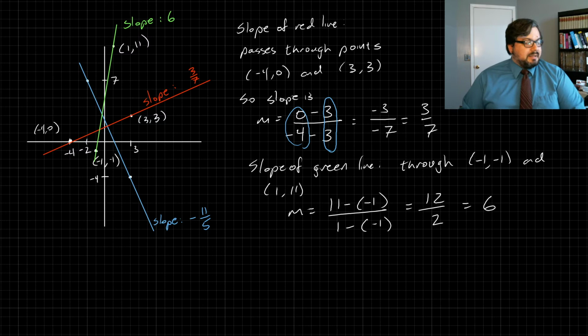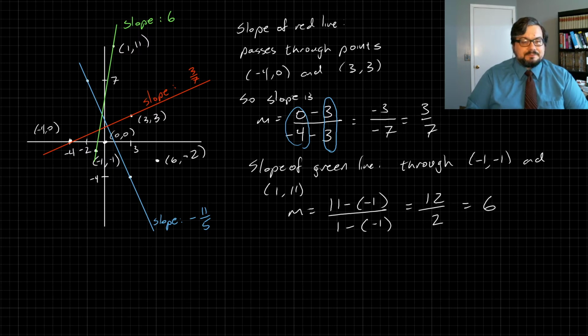And then finally, let's try one more line that goes through the point 0, 0 and the point 6, -2. So let's look at the yellow line.